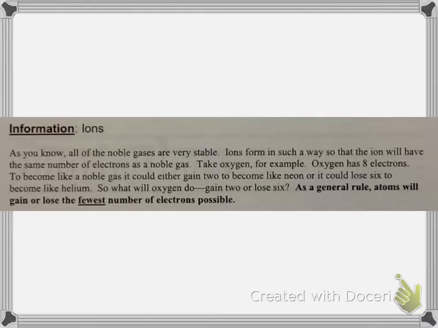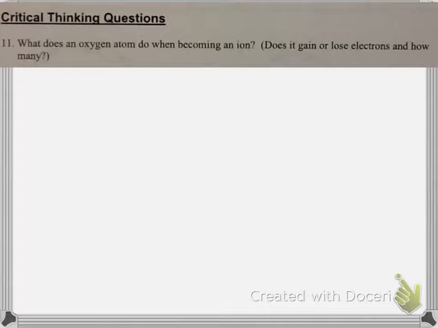So this is always going to become our question. Is our atom going to lose electrons to become like the noble gas of the row above it, or is it going to gain electrons to become like the noble gas of the row that it's in? Question 11. What does an oxygen atom do when becoming an ion? Does it gain or lose electrons, and how many?